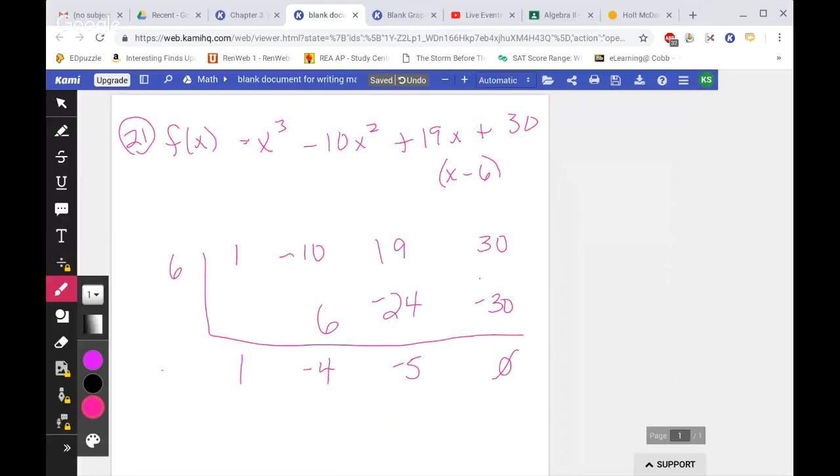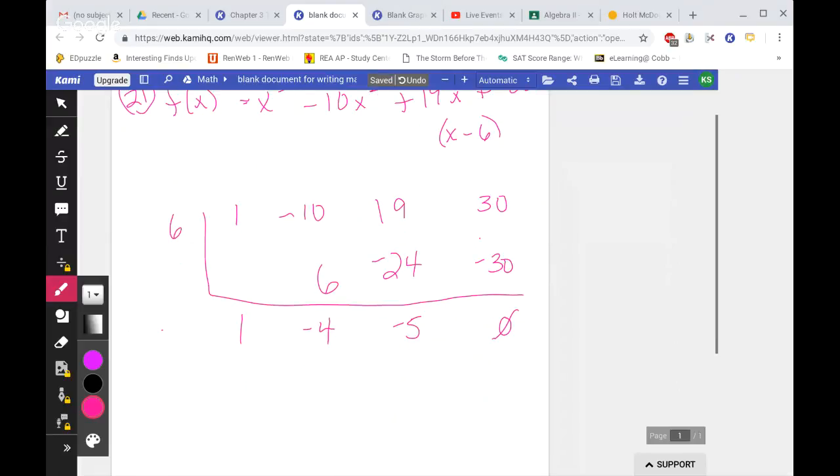And we got a remainder that came down to be a 0, which we would hope, because if this were not the case, then this would not really be a factor. So yay. So we know that's definitely true. That's a good thing. So now what we're going to do is take what's remaining and put our terms with it.